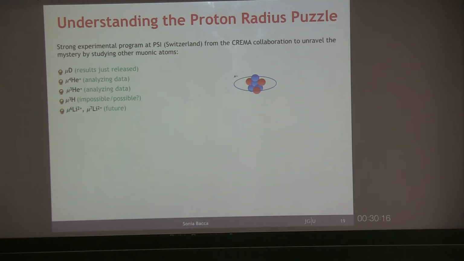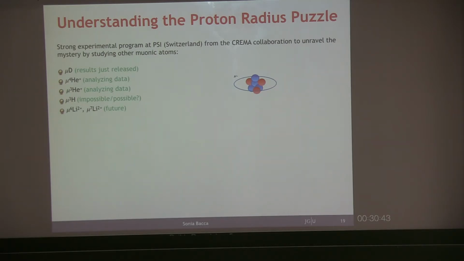What has been done already are measurements on muonic deuterium, which were published a couple of years ago. Muonic helium-4 and muonic helium-3 have also been measured, but they are not published yet. And what was the idea? The idea was to see if, by measuring the Lamb shift of these systems and extracting the charge radius, you would see any differences with respect to ordinary atoms or electron scattering.